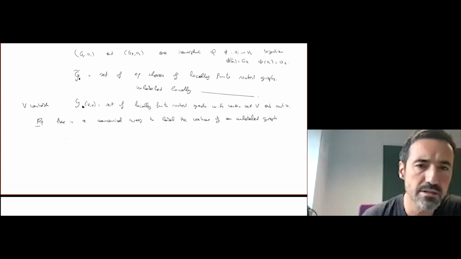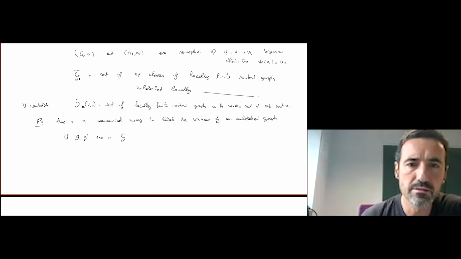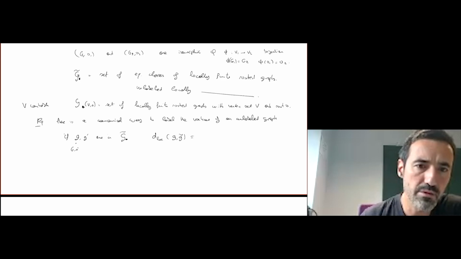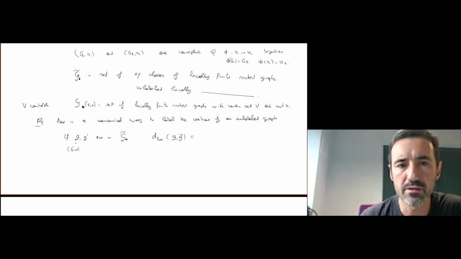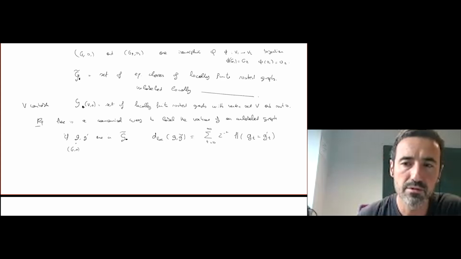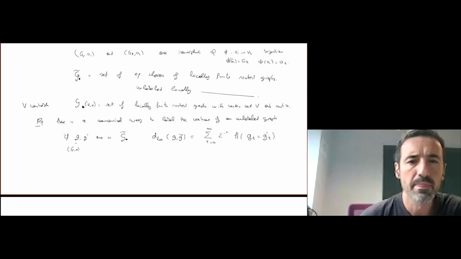You define a local distance: if G and G prime are in G tilde, each a pair given by a graph and a root, you take the sum over t from 0 to infinity of 2 to the minus t times the indicator that the restriction of G to the t neighborhood is equal to the restriction of G prime to the t neighborhood.